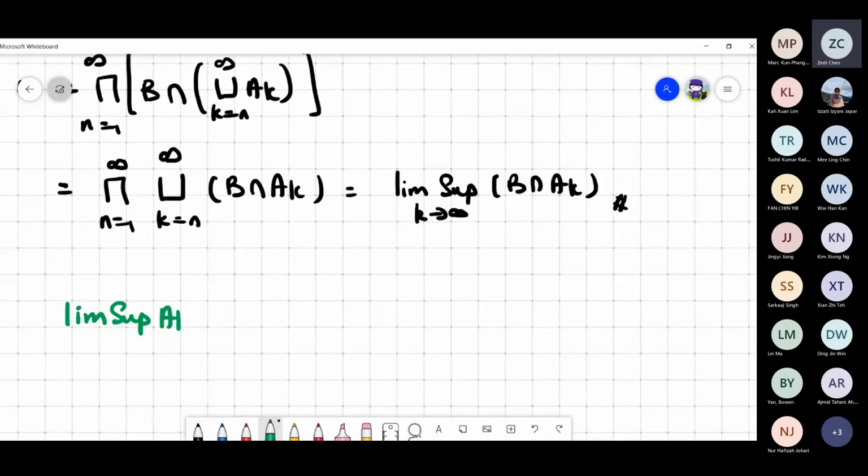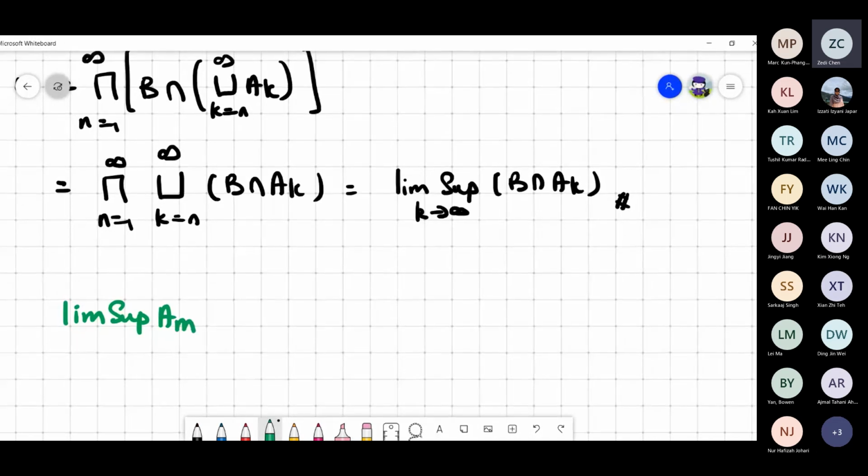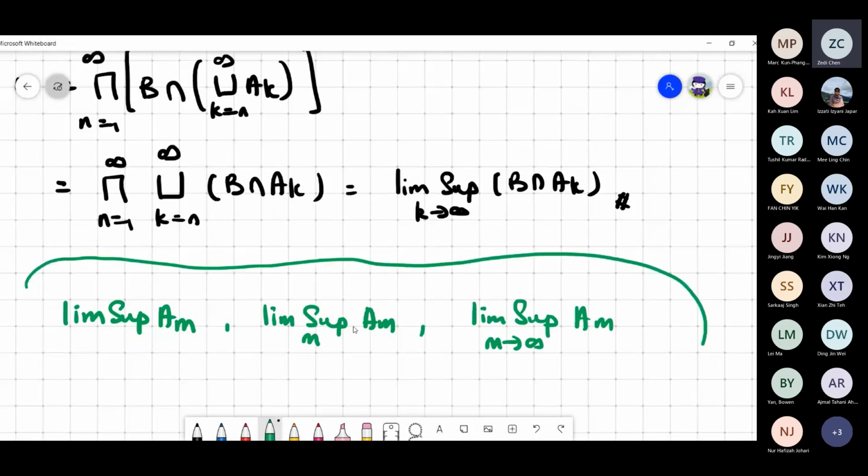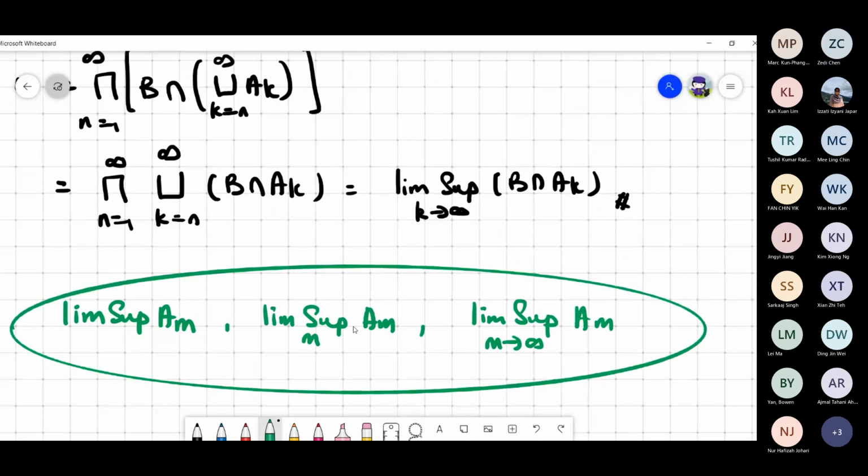Some prefer M or N, maybe M: lim sup AM with just one M here, and lim sup AM, M to infinity. All these three are the same meaning, just a symbol.